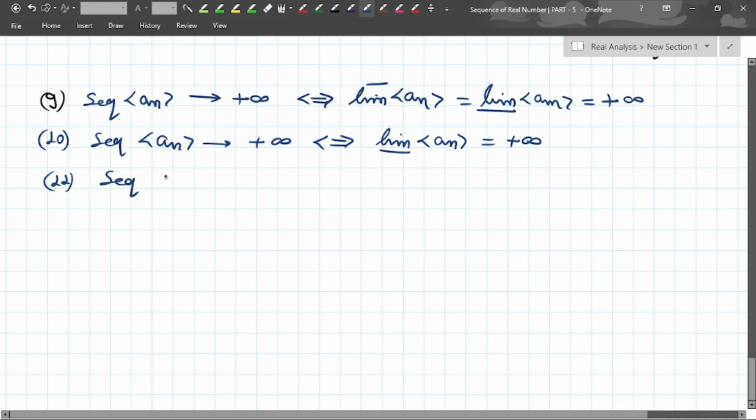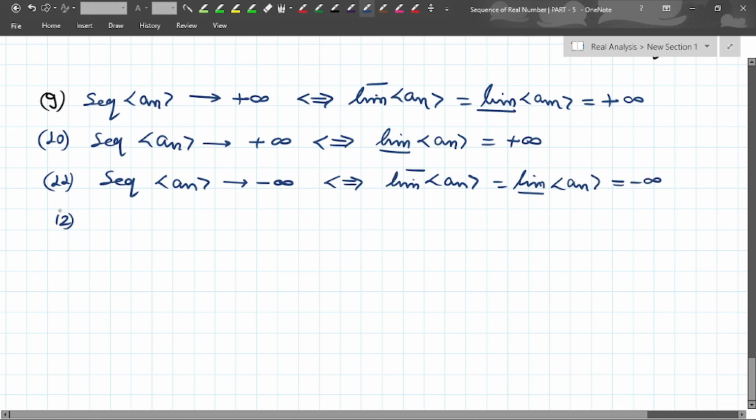Next, the sequence a_n diverges to minus infinity, it means that the limit superior of a_n is equal to the limit inferior of a_n, which is equal to minus infinity. And a sequence a_n diverges to minus infinity if and only if the limit supremum of a_n is equal to minus infinity.